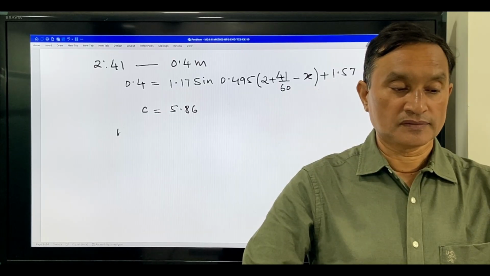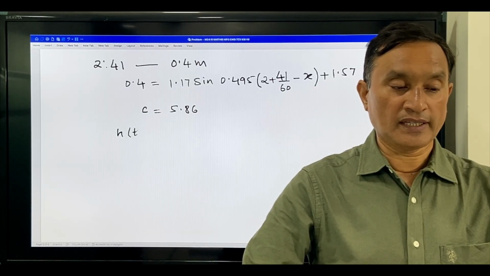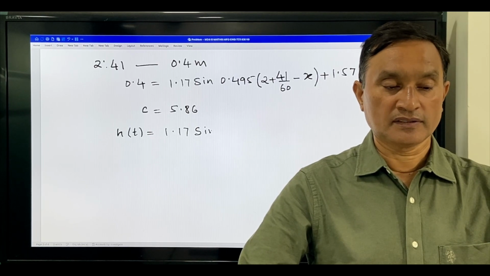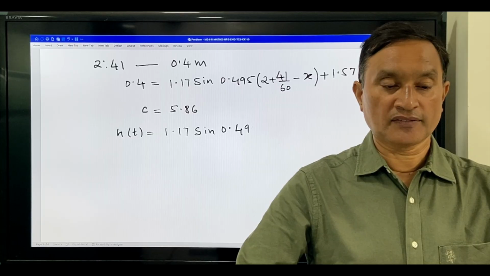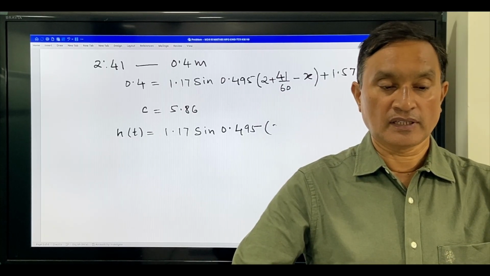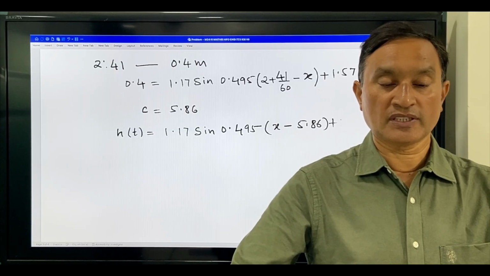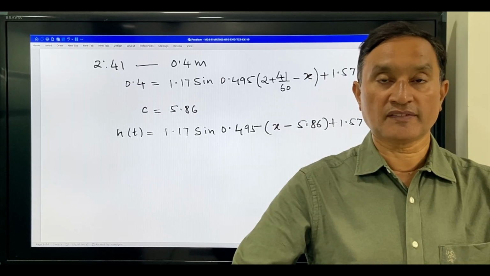So now the h(t) function would be 1.17 sine 0.495 bracket x minus 5.86 plus 1.57.